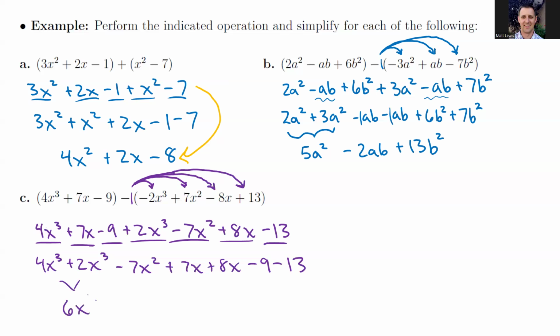So 6x cubed minus 7x squared plus 15x minus 22.